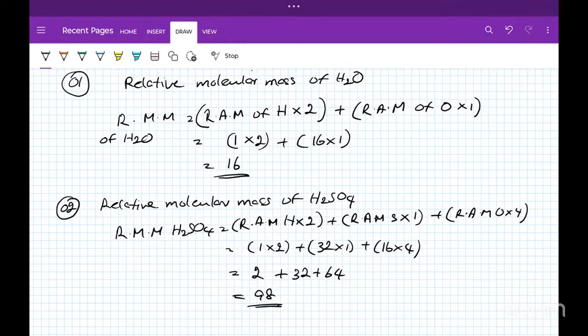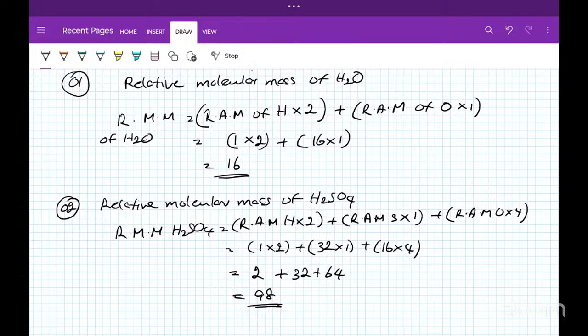Write down both of these two. The relative molecular mass of H2O is 18.